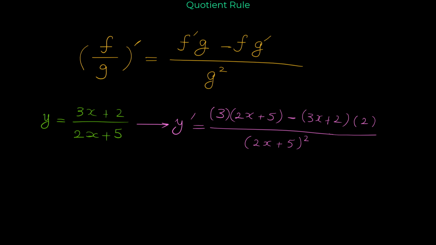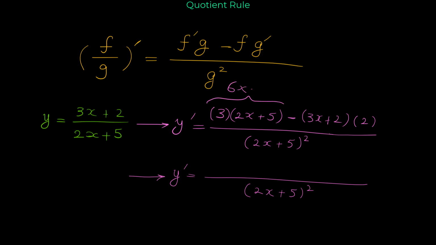Here, if you want, you can simplify the numerator of the fraction. Let's keep the denominator. Attention, here we have 6x plus 15. If we multiply 3 in the bracket, 3 times 2x is 6x, 3 times 5 is 15.